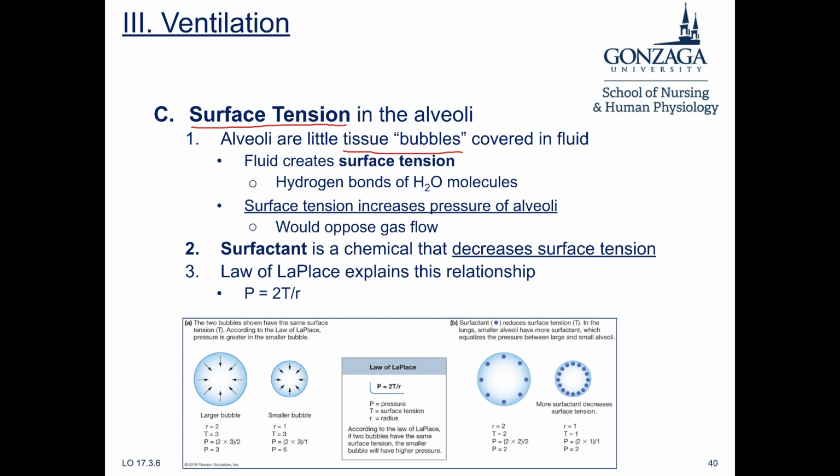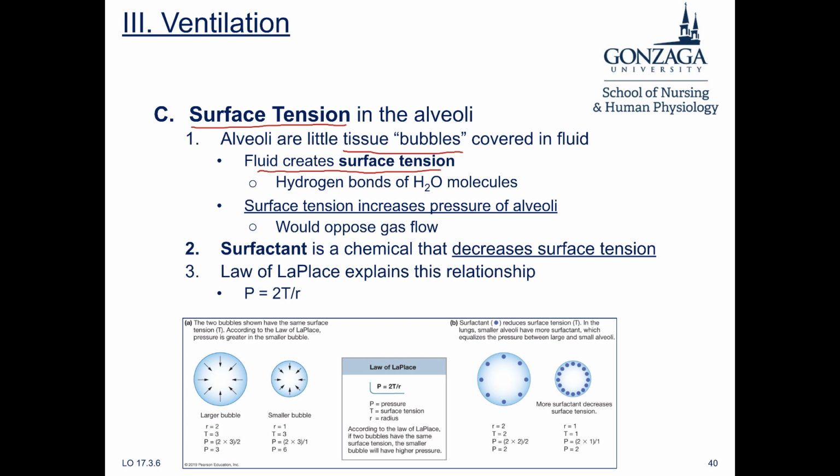We have to create or maintain this moist environment that promotes diffusion of gases, okay? So alveoli are these little tissue bubbles, they're covered in fluid, and in reality, not all alveoli are the same size. There are slightly larger ones, there are slightly smaller ones. But the point here is that the fluid that covers them creates surface tension.